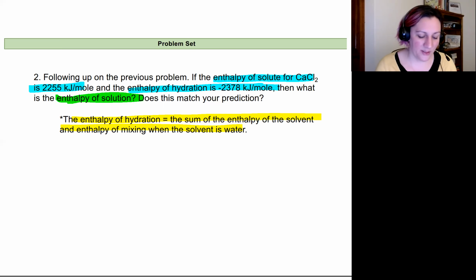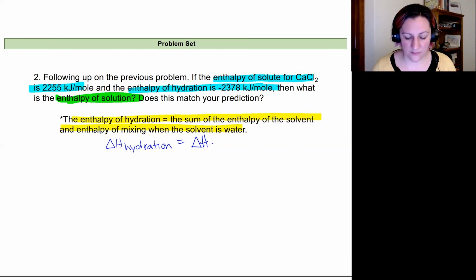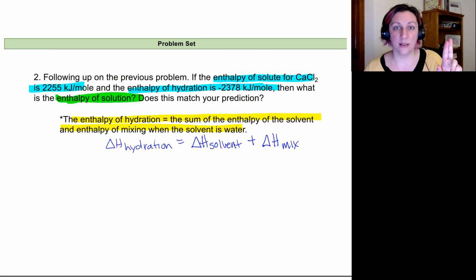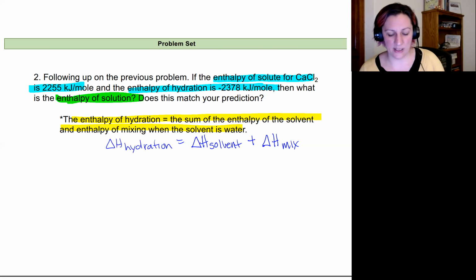Let me write that out as an equation: the enthalpy of hydration equals the enthalpy of the solvent, so that's breaking those water-water interactions, plus the enthalpy of mixing. It's just taking two of these enthalpies and combining them to make hydration.